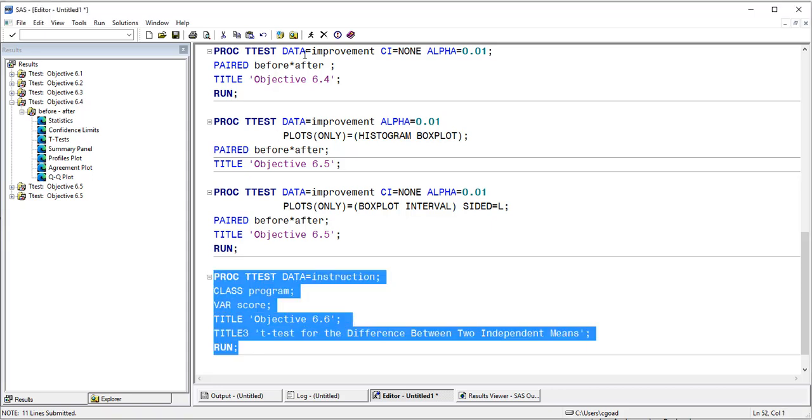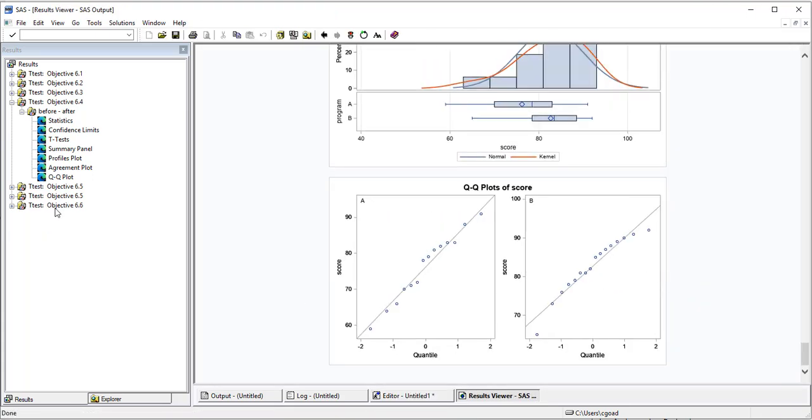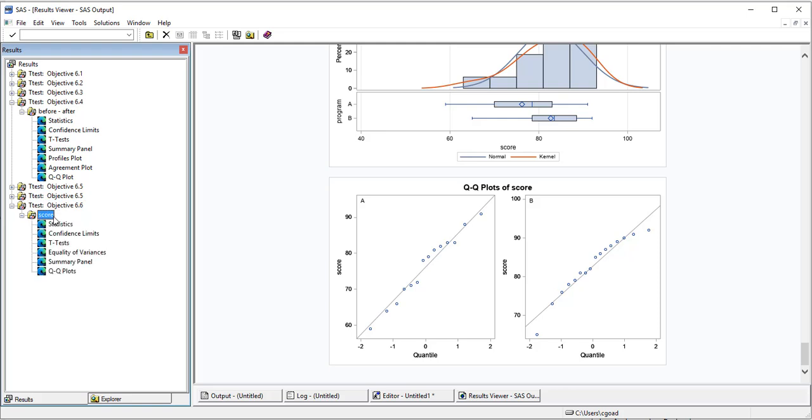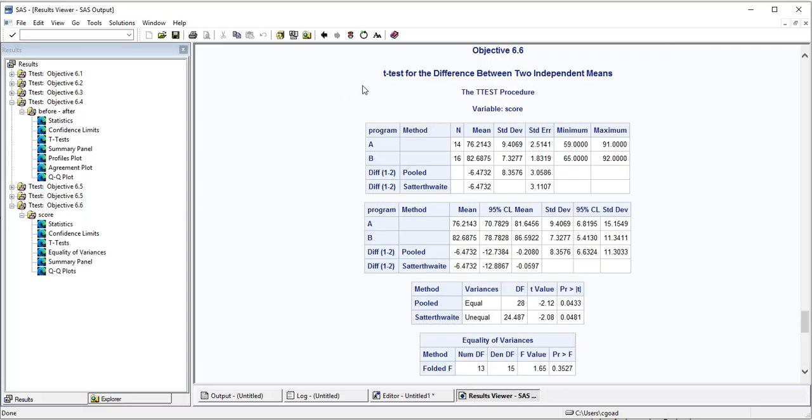So for us, then, if we run this, it gives us a summary table again for each of the programs, with similar information to what we get out of proc means. Difference 1 minus 2, and it says pooled or Satterthwaite.